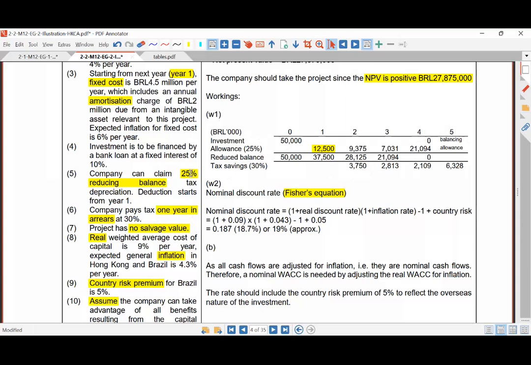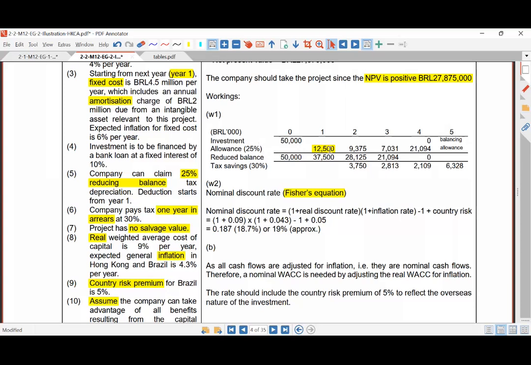Allowance, you see, is 25% reducing balance, starting in year 1. So in year 0, your balance is 50 million, and you multiply by 25%, your allowance starting in year 1 will be 12.5 million.